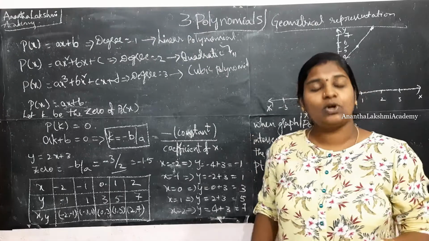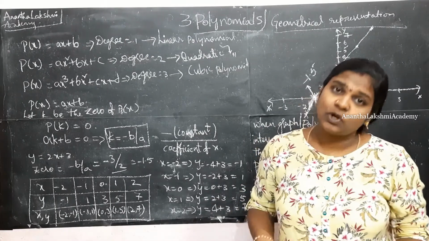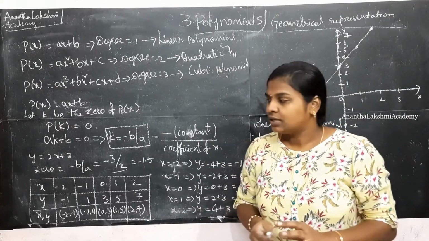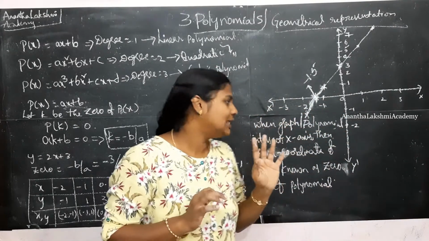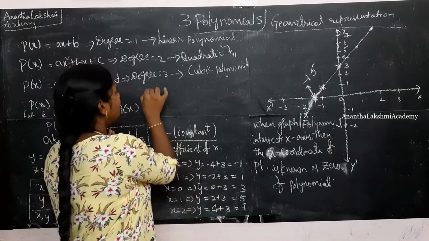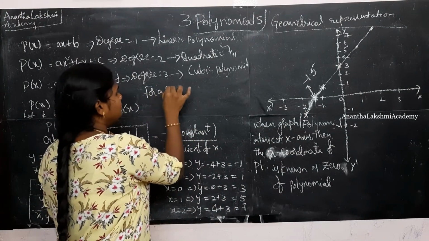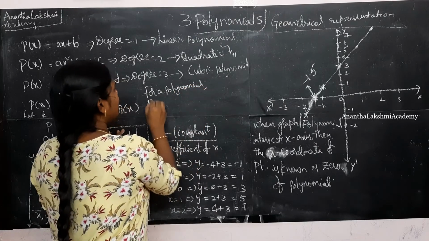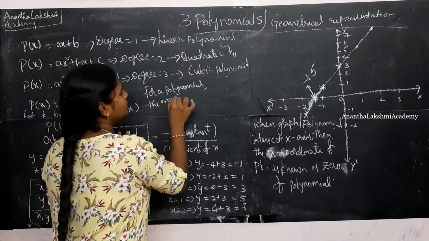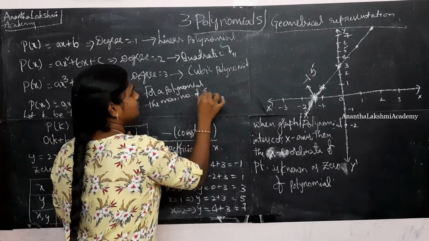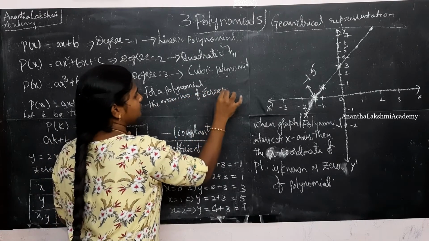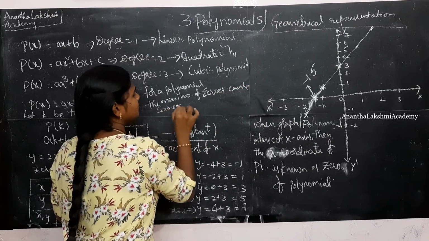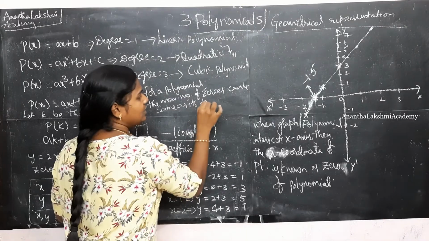Likewise, for the cubic polynomial and for the quadratic polynomials also, the examples and graphs are given in the textbook. So it is a rule that for a polynomial, the maximum number of zeros can be the same as its degree.